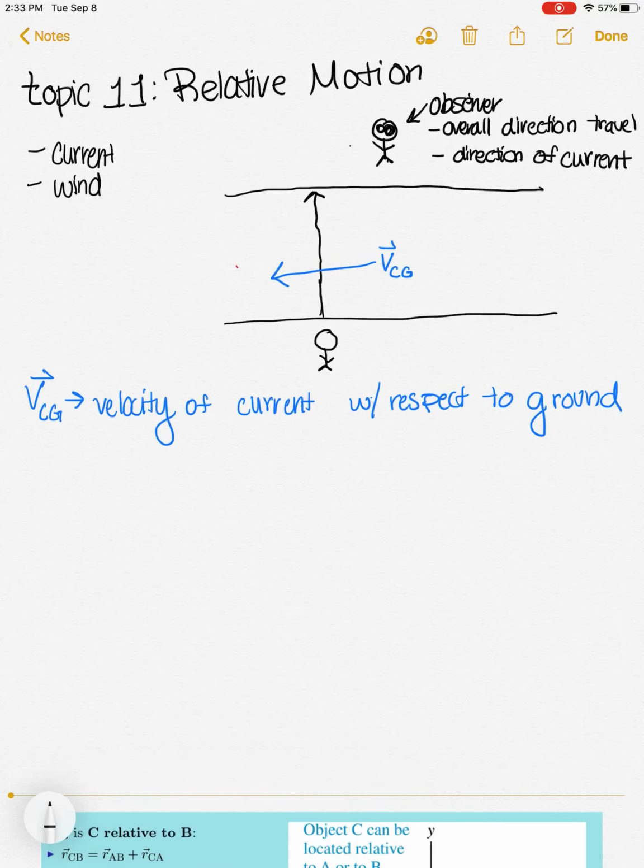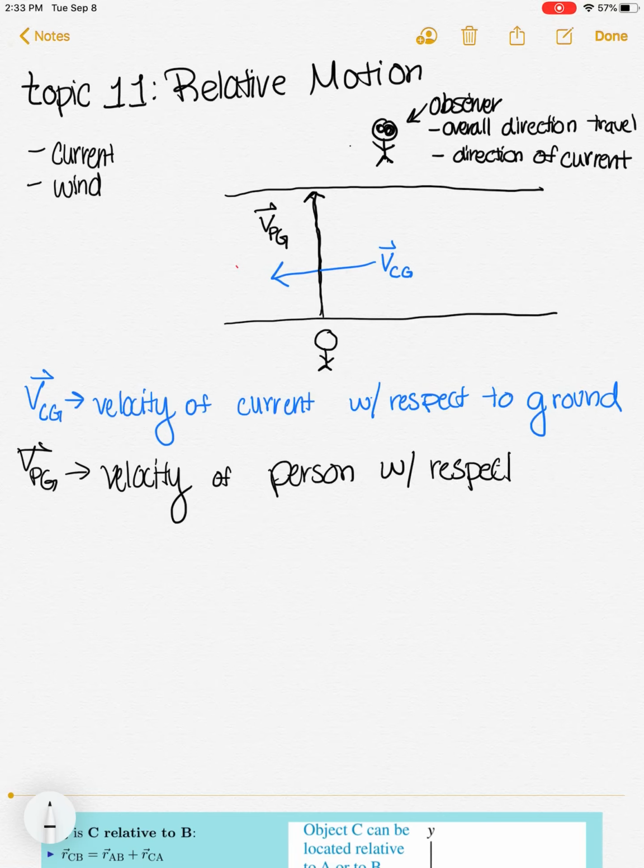And then we mark the vector that we want this person to go to, VPG, which is going to be velocity of person with respect to ground.